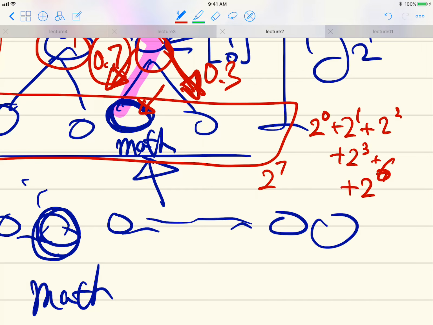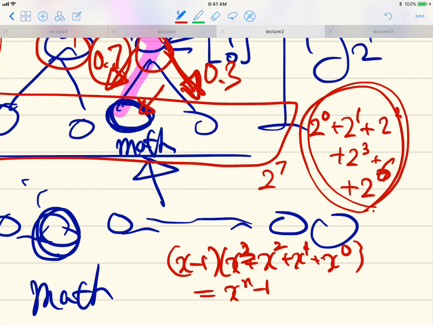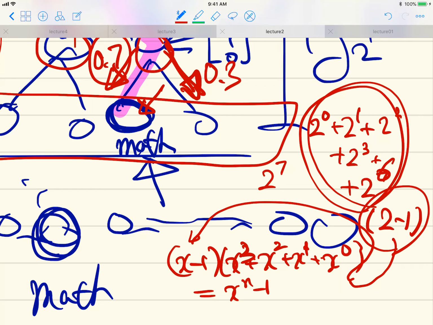And then altogether, you know that like x minus 1, x squared, or x0 will be xn minus 1 or something like that. So altogether, this guy times what? 2 minus 1.